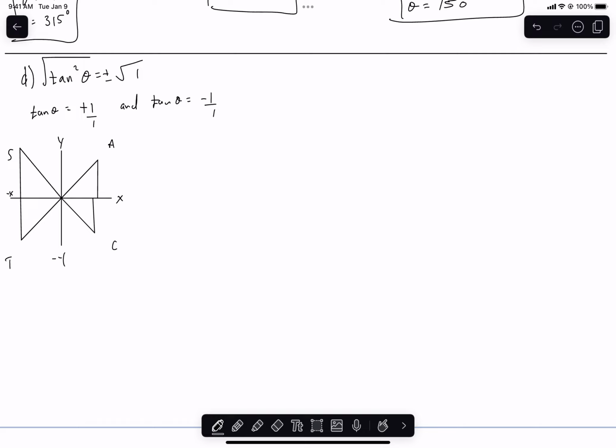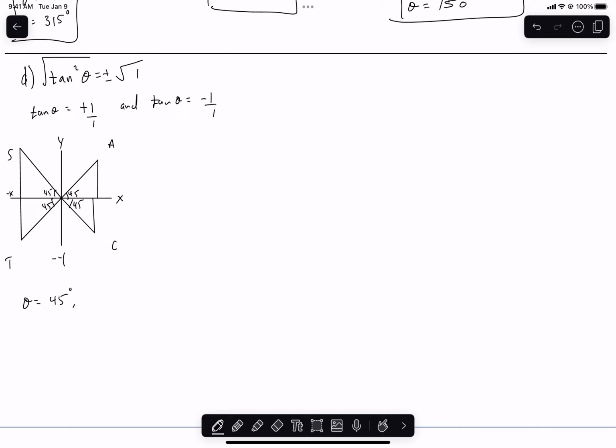We already established that the only way to create a ratio of 1 over 1 or negative 1 over 1 is with the 45-degree triangle. So there's 1, there's 1, there's 1, and there's 1. Okay, so we get theta is going to equal 45 degrees.